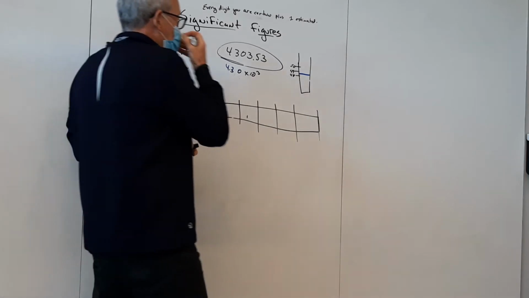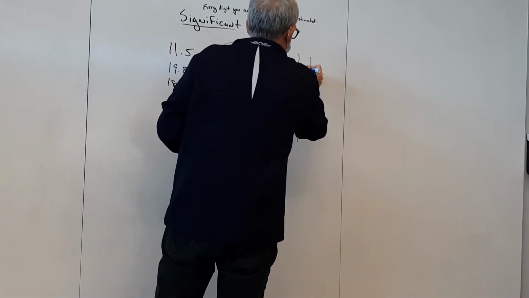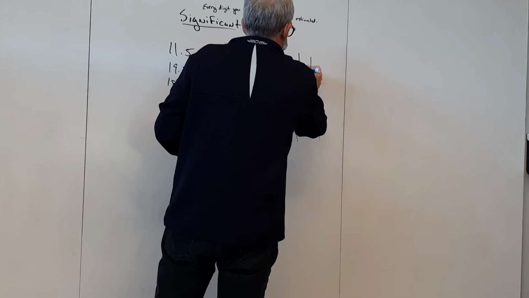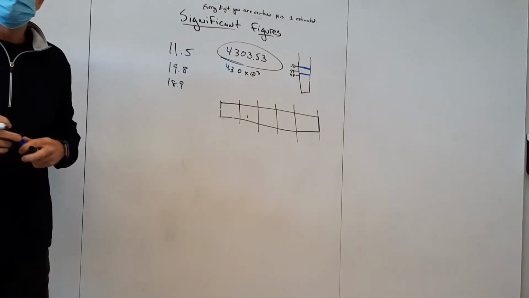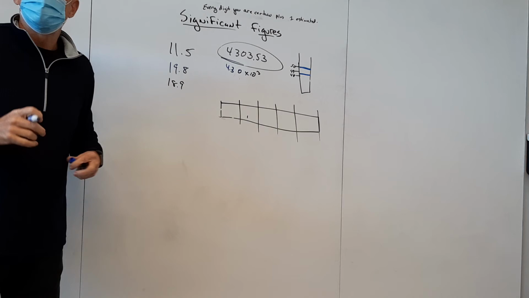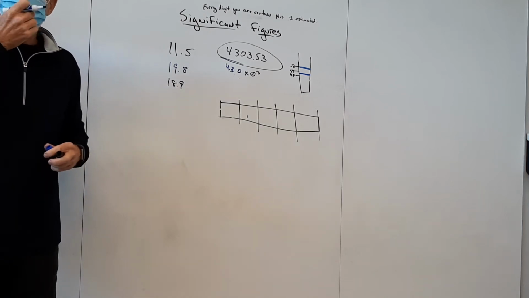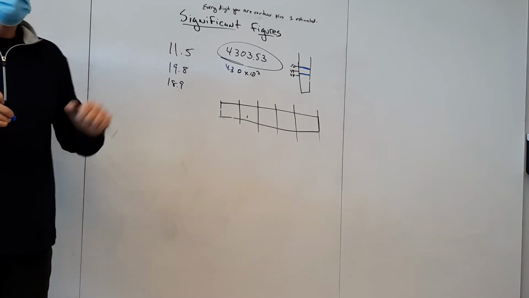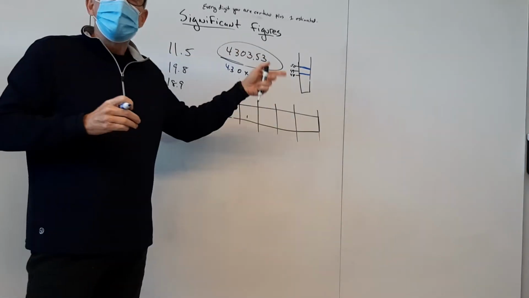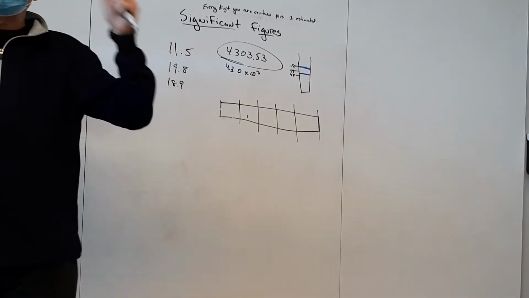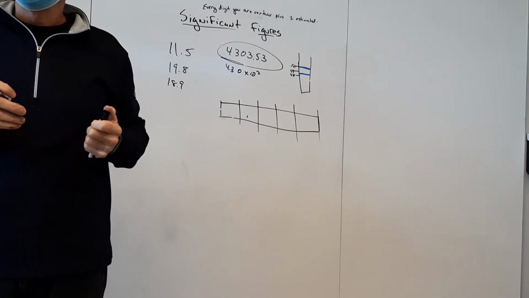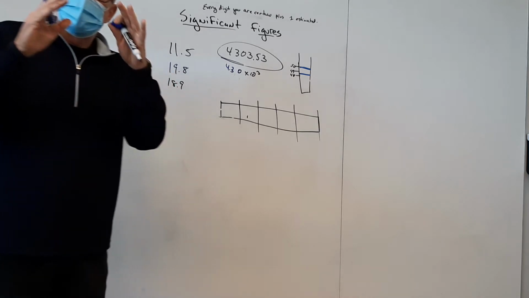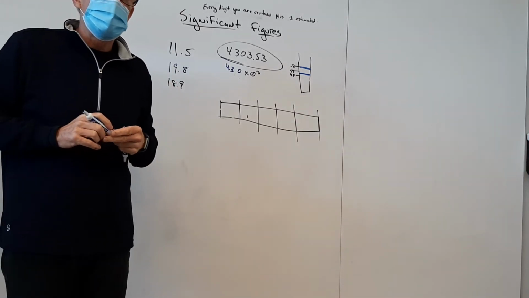Now, how about if the liquid goes to right here? 50.0. 0.0 is your estimate. Is everybody with me? Significant figures are every digit you are certain of plus one that you estimate. That's what sig figs are. Everybody with me now? Yeah.